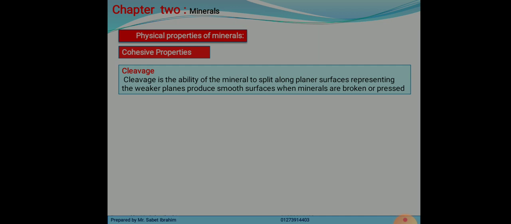So it is the ability of the mineral to break up on planes which represent the weakness of bonds.